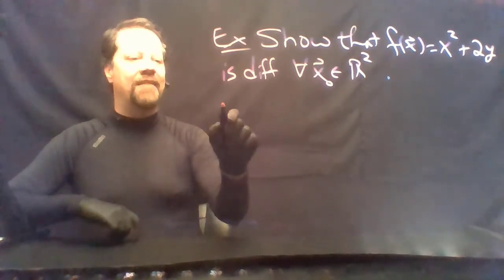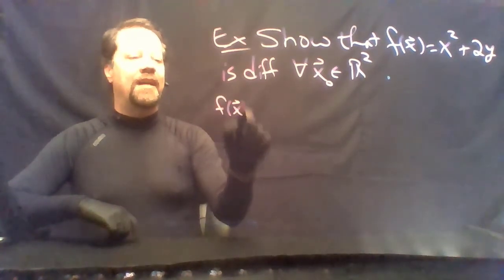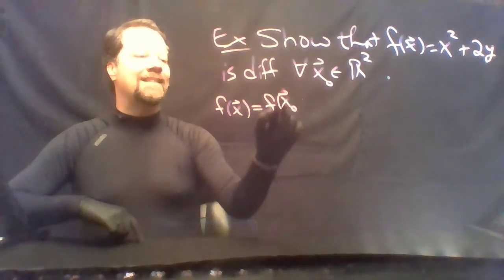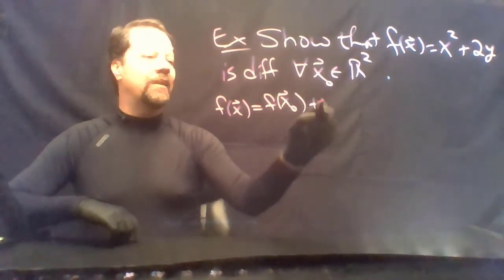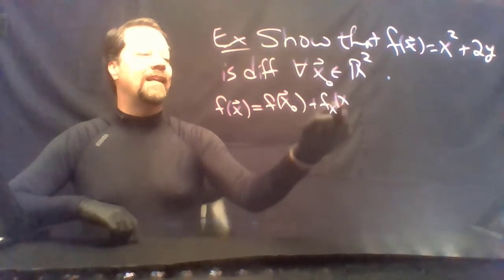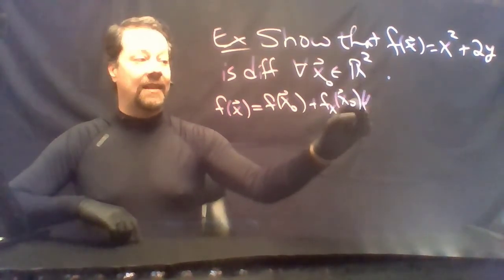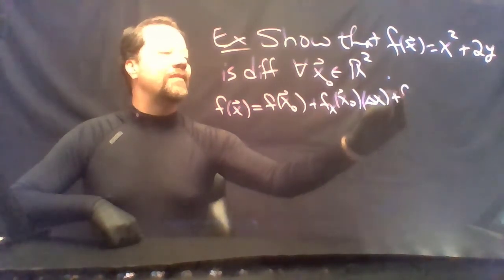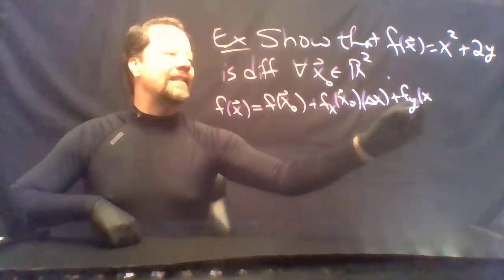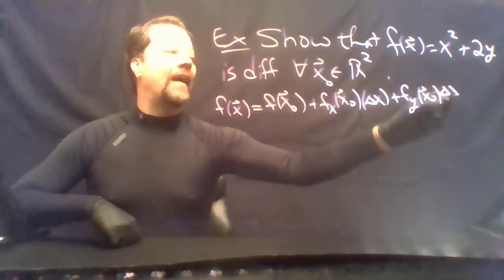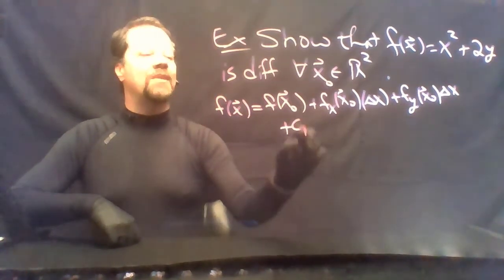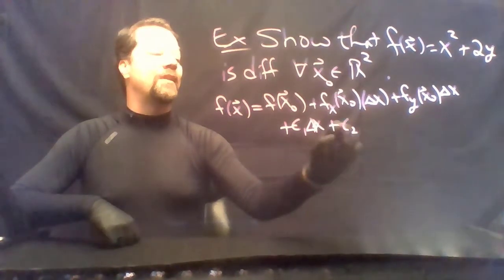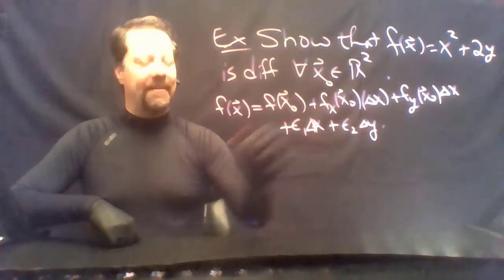We're supposed to have f of x equals f of x naught plus fx at x naught times delta x, which is x minus x naught, plus fy at x naught times delta y, plus epsilon 1 times delta x, plus epsilon 2 times delta y.